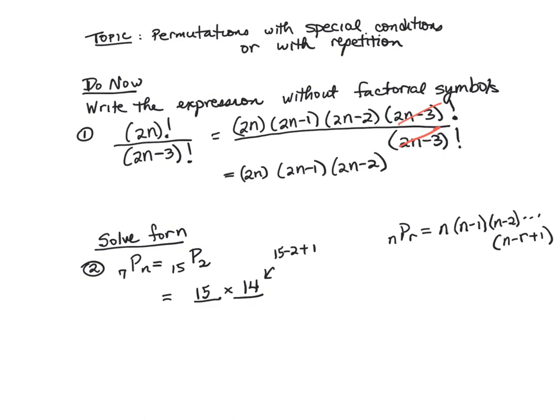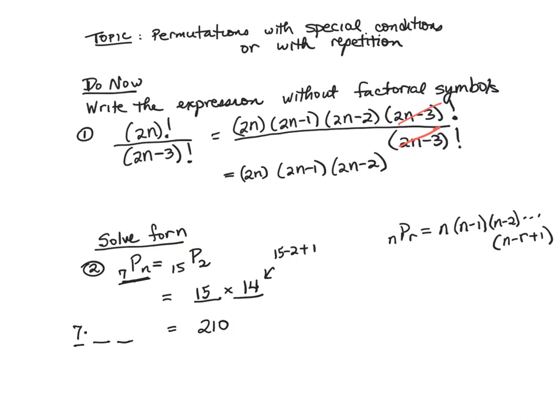All right. Now, we want to know what this left side would be. So 15 times 14, when we multiply, gives us 210. So we have to count down from 7 and see how many spaces we must fill to get a product of 210.